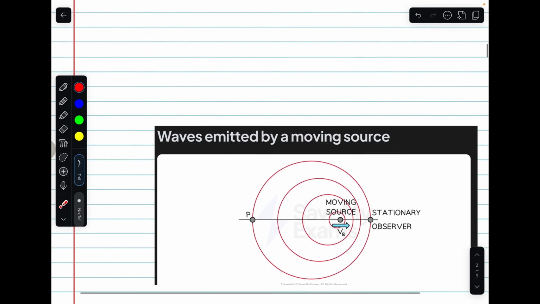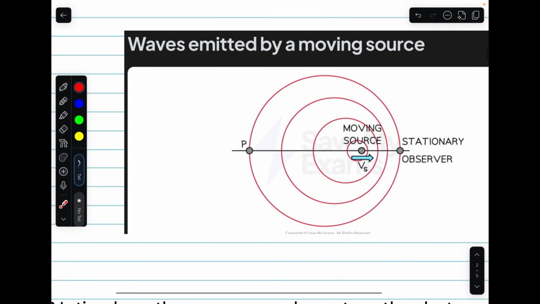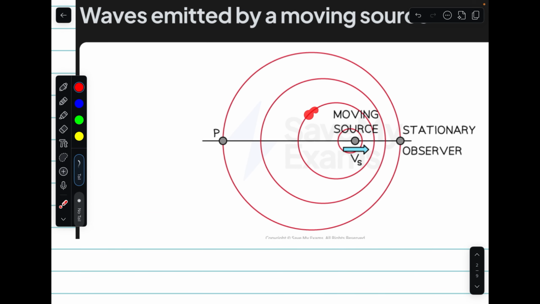But when this source starts moving in one direction, on one side the waves will become broader and on the other side the waves will go close together. So if the observer is at this point, receiving the wave from the source, it will receive the more frequent wave, so the frequency will increase for this observer.